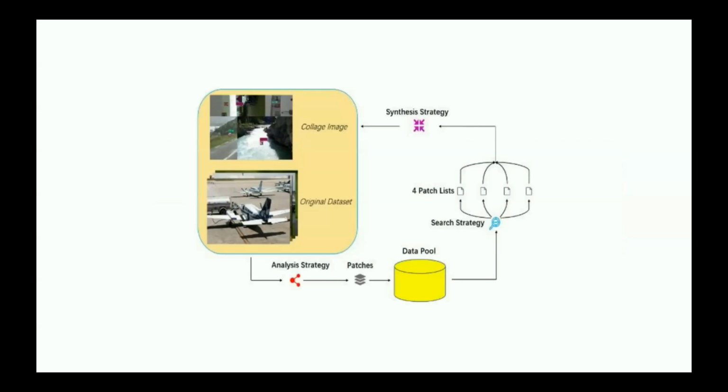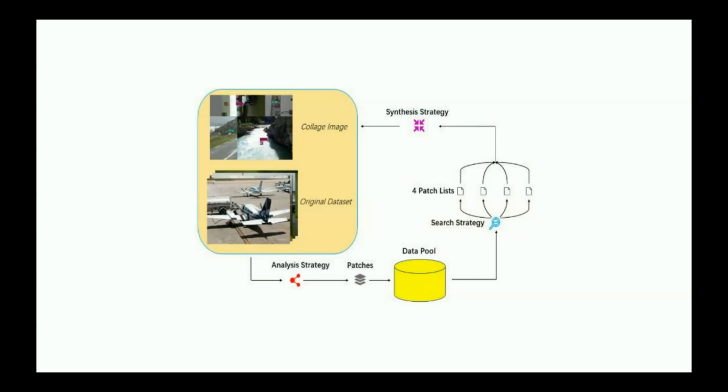Therefore, we propose data pool, a new framework for collage-fashion data augmentation. The framework contains three steps: analyze, search, and synthesize. The analyze strategy will divide all images into patches, but try to preserve the background as much as possible. The search strategy tries to search for potential patches with custom rules. We can make the rules ourselves, like customizing the object range from 0 to 32 times 32, which is the small object range.